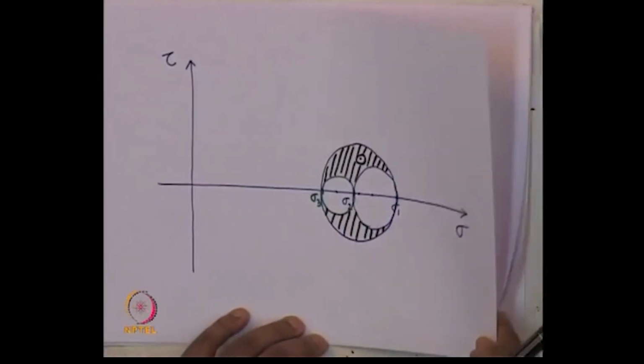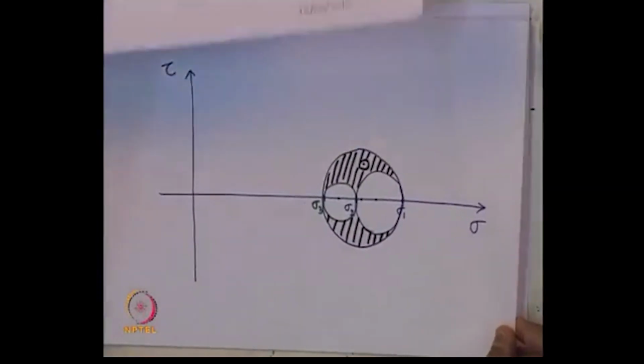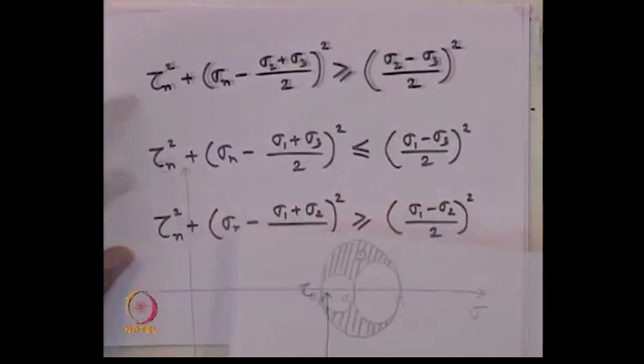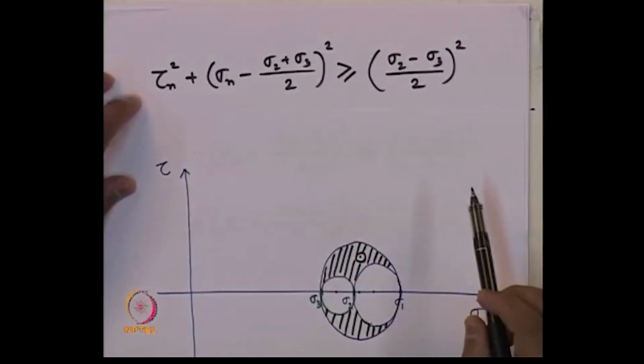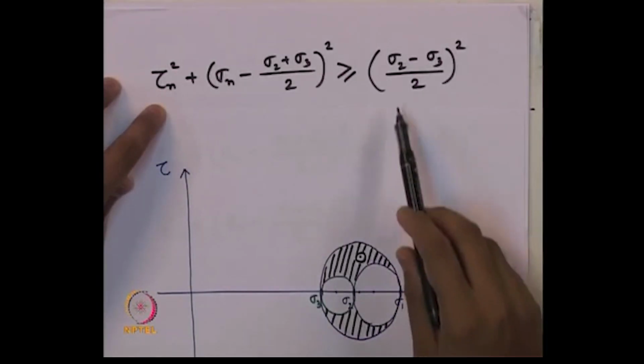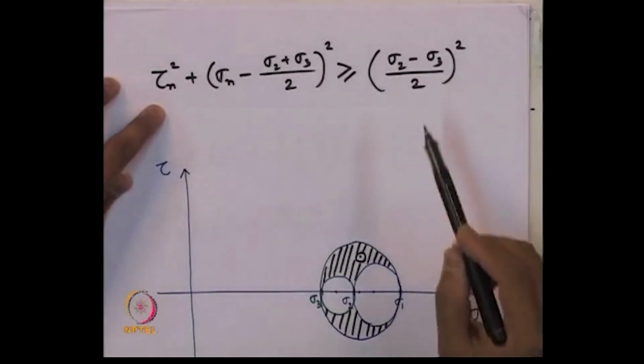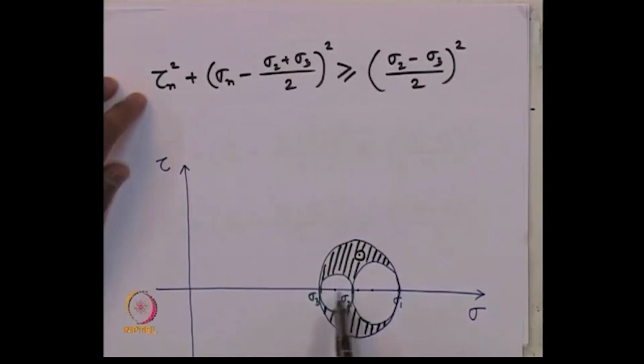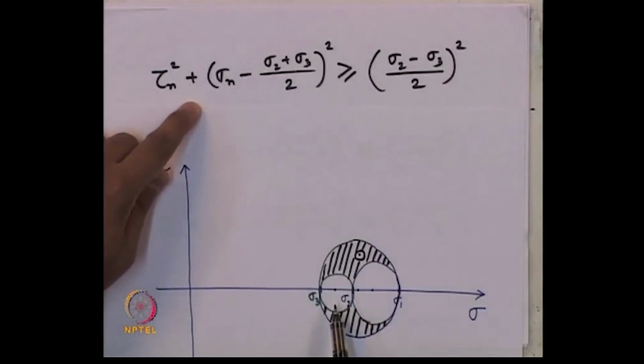Why? If we look back to our equations of this circle, so what does it mean? The state of stress on that nth plane, from this equation between sigma 2 and sigma 3, that is the Mohr circle between sigma 2 and sigma 3, whatever the circle we have drawn, the state of stress, that point must be outside or maximum on the periphery of this circle or circumference of the circle.